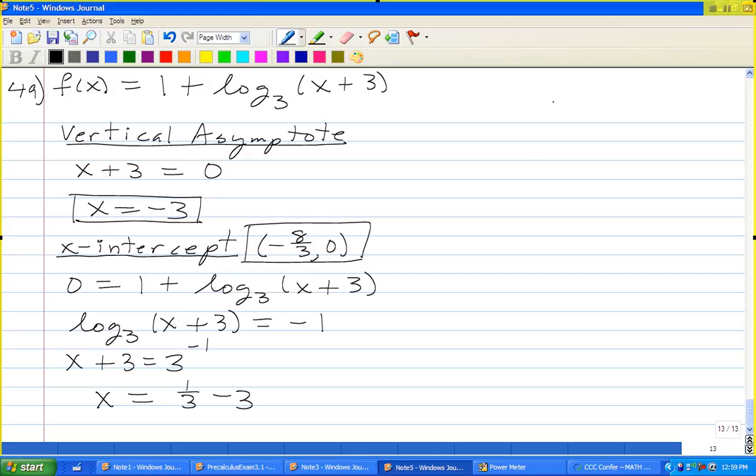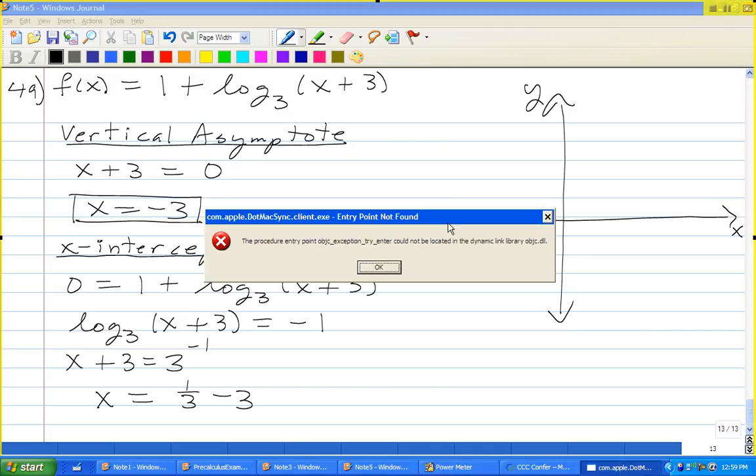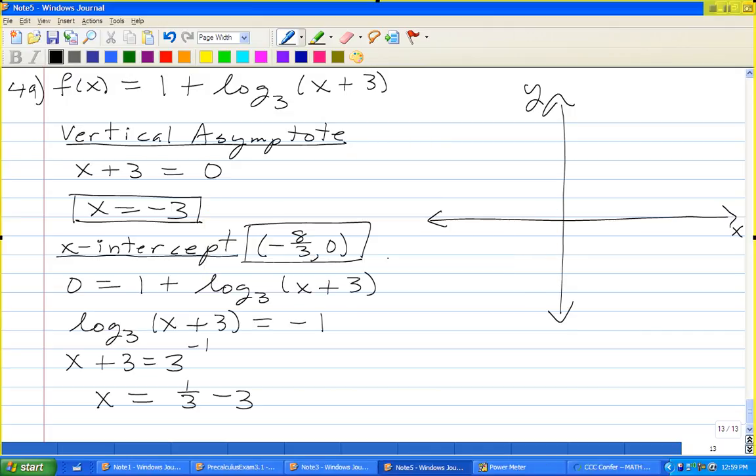So let's sketch the graph of this. I'm going to shift this to the left 3 and up 1 of the graph of log base 3 of x.